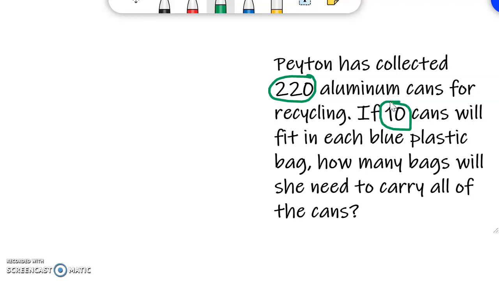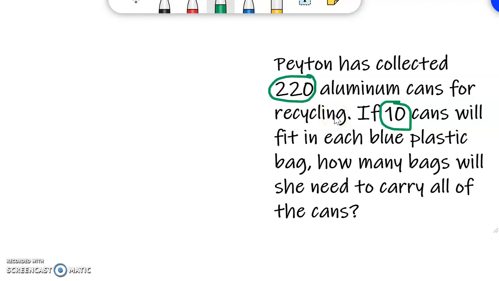The next thing I'm going to do is look for operation clue words that will help me to know if I'm going to multiply or divide. So I'm going to reread the problem. Peyton has collected 220 aluminum cans for recycling. So she has a group of cans.